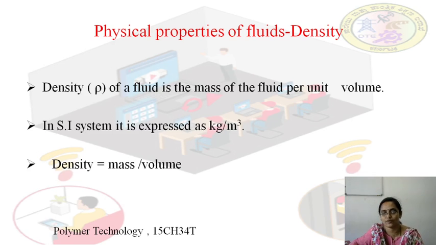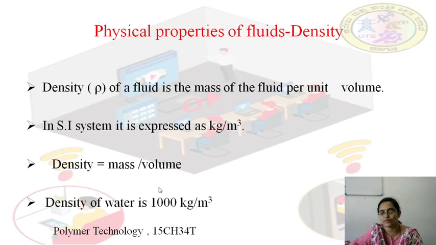The formula for density is mass by volume. The density of water is 1000 kilogram per meter cube. So density of a material or a fluid is the mass of the fluid per unit volume.